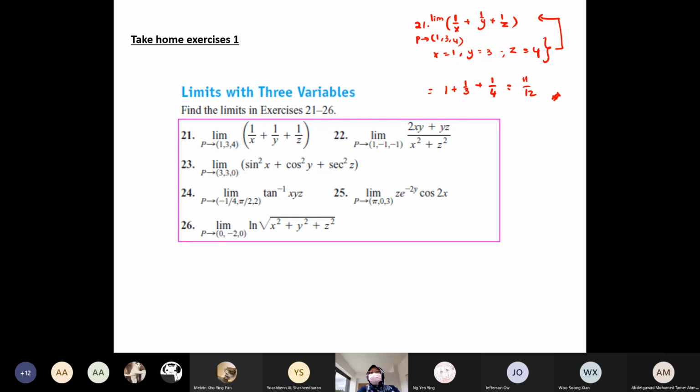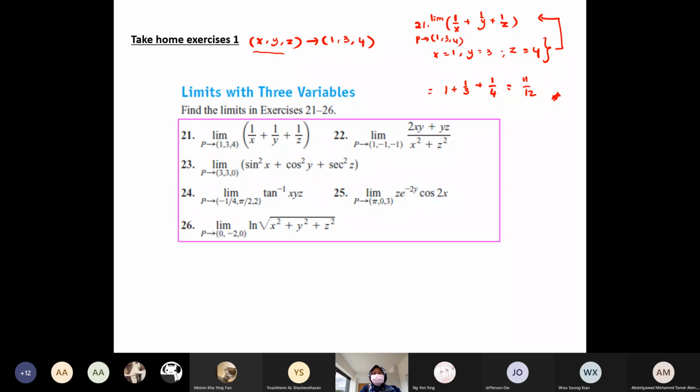So this is how to get the limit of the function. You may have two variables and you may also have three variables. You just substitute into the variables that you have. About the arrangement of the limit, if it is said like this, it means that you have x, y, and z going to the limit of 1, 3, 4.